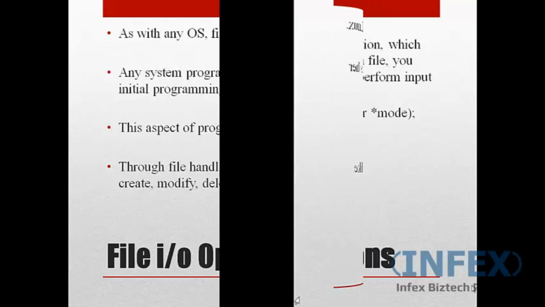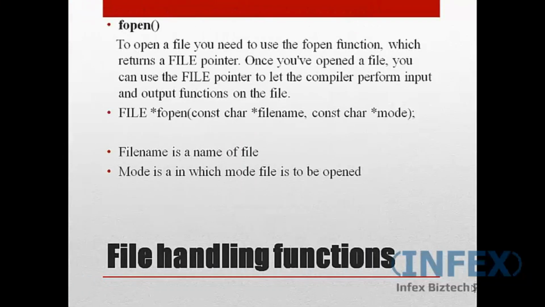File handling functions: fopen. To open a file, you need to use the fopen function, which returns a file pointer. Once you have opened a file, you can use the file pointer to let the compiler perform input and output functions on the file.